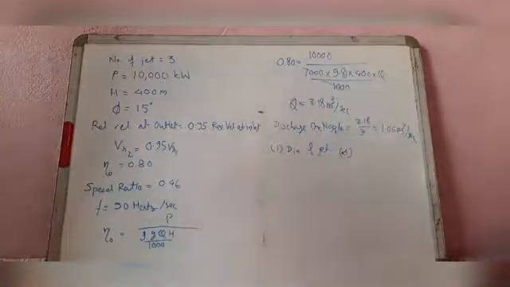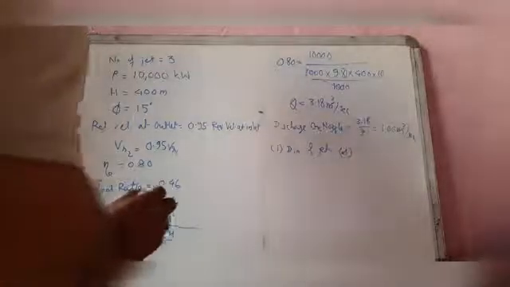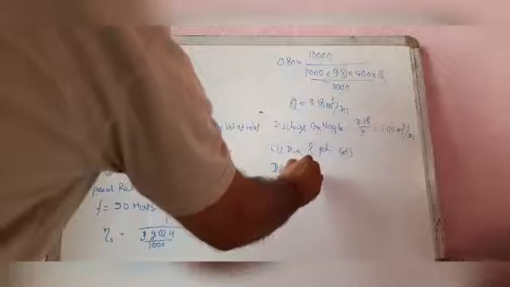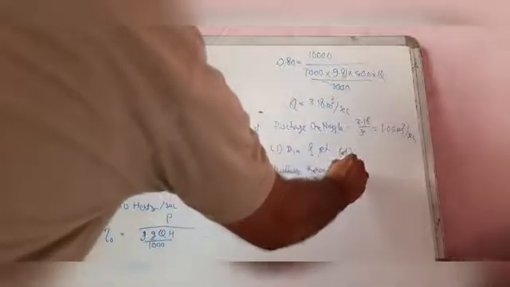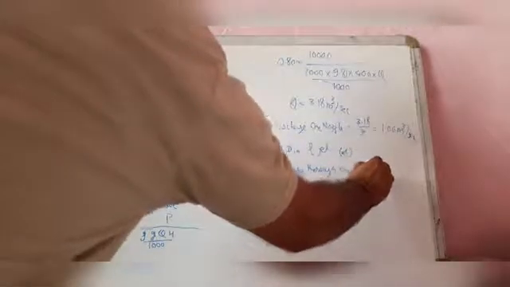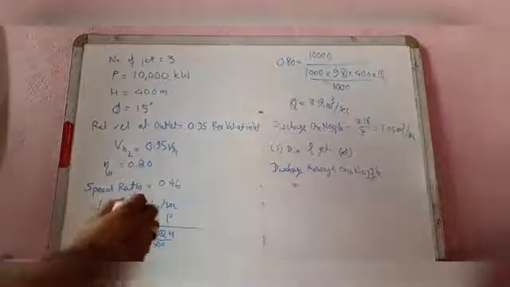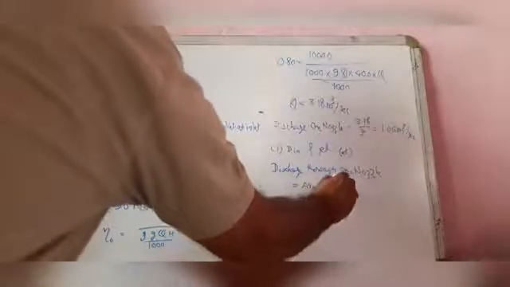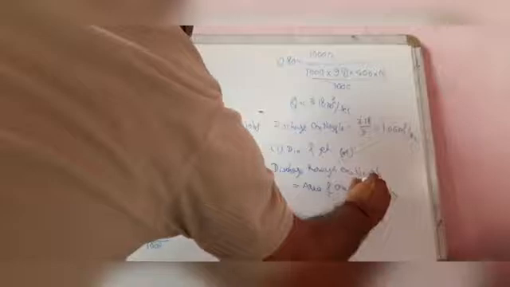For this, as we know, the discharge through one nozzle equal to area of one jet into velocity.